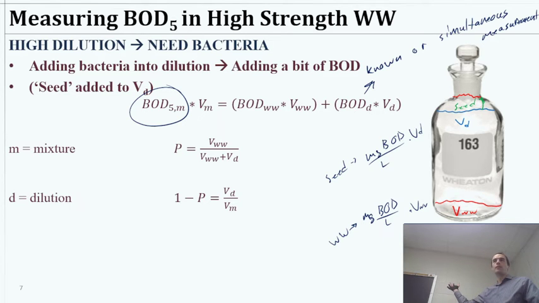It should have plenty of bacteria because it's got the seed in it. It's got a little bit of BOD. It's not going to really need dilution because it should not have that much BOD in it. And so that we can just set on the side and measure at the same time. But, okay, we now know this. This is what we want to know. That's what we're solving for, and this is measured.